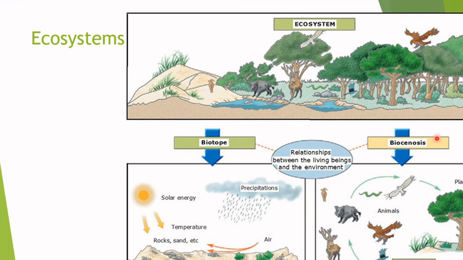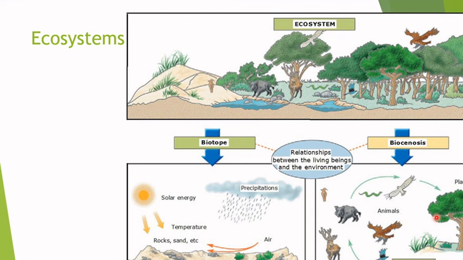Whilst the biocenosis or community are all the living things of the ecosystem. Okay, so community is all the living things we can find in an ecosystem: birds, mammals, reptiles, plants, fungi, bacteria, everything. Okay, now inside this community we've got to consider different things.